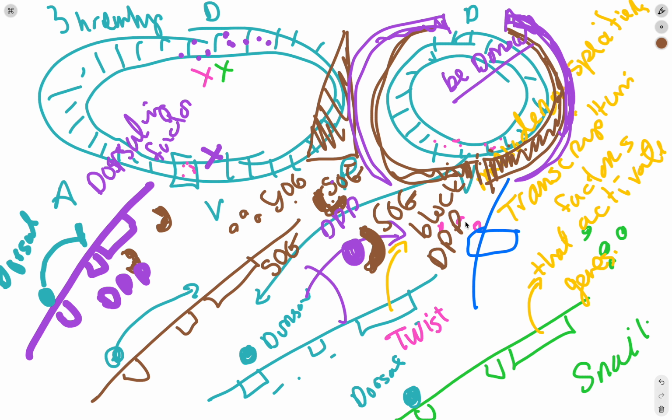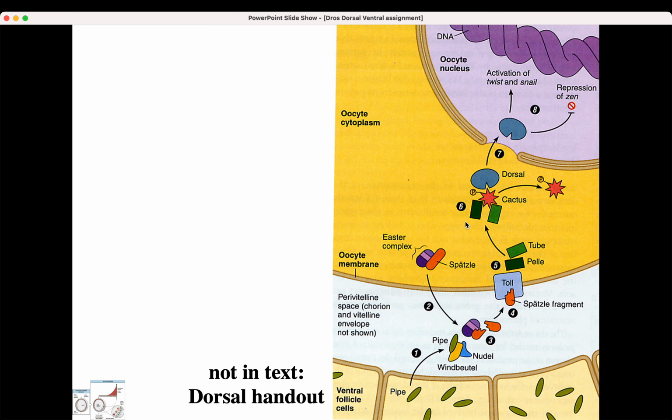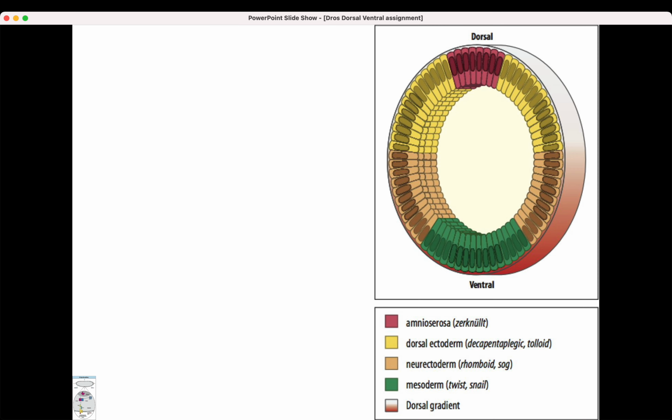And this just shows a little bit of how it's more complicated than we just talk. We just say, okay, dorsal got activated in the ventral. But remember how we have a variety of fates going from, where's that slide? There. We have a variety of fates, right? Not just the most ventral fate. And so we get this gradient of fates going from the dorsal to ventral.